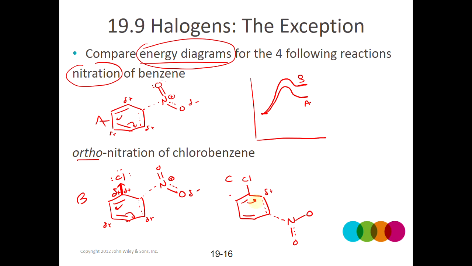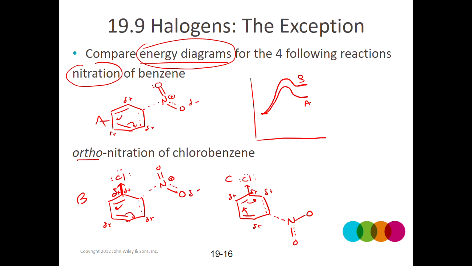So these can shift over there. These can shift here, positive there. So how does that compare? C versus B, what's the difference? Well, when the chlorine pulls electrons away, it's going to create a partial positive there. So yeah, I got basically the same amount of partial positive in the ring on both.